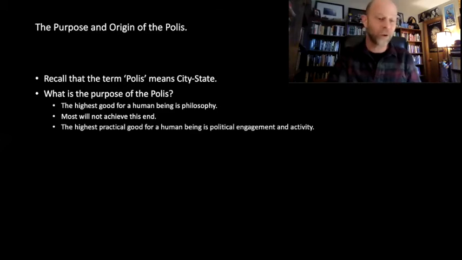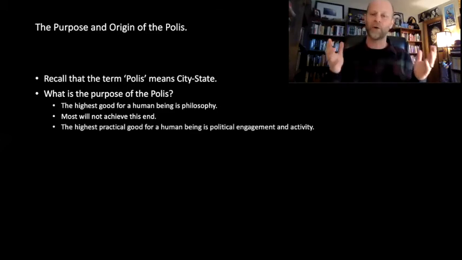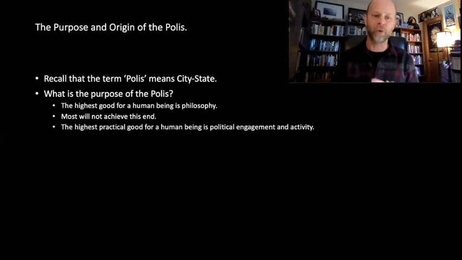According to Aristotle, the highest practical good or end for a human being is political engagement, political activity, political activism, if you will, to be engaged with the political community. And that's very much a practical form of philosophizing. It's a kind of applied philosophy, if you will.